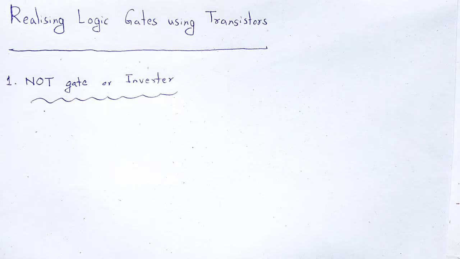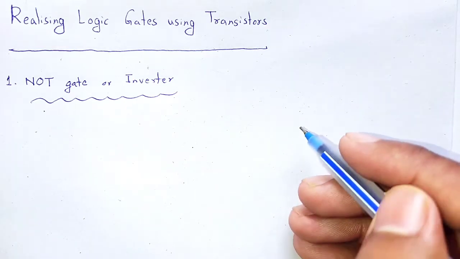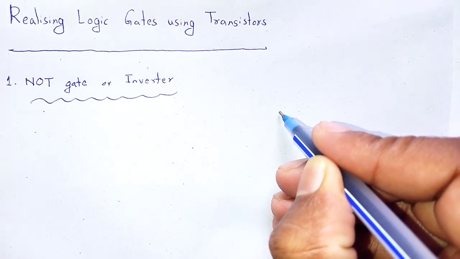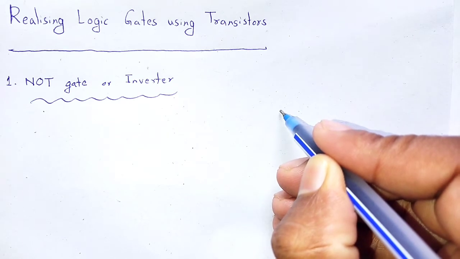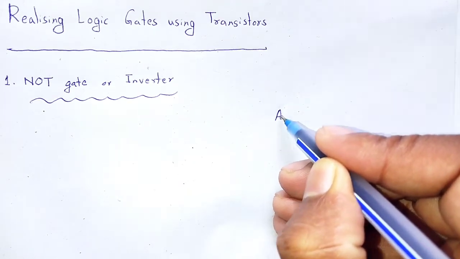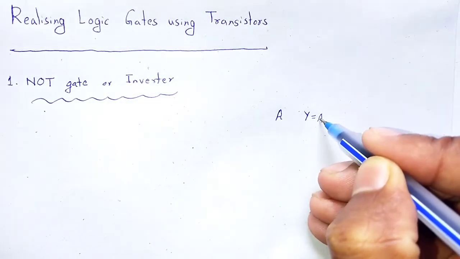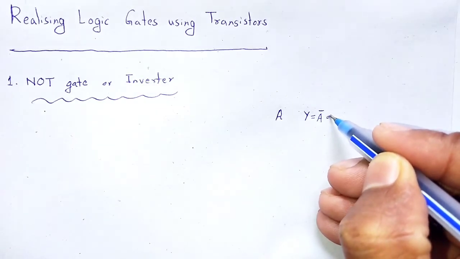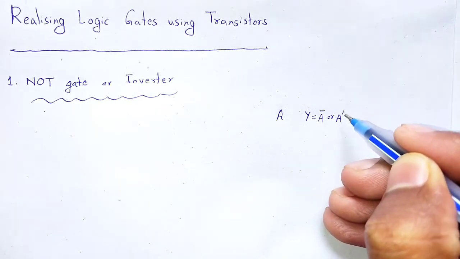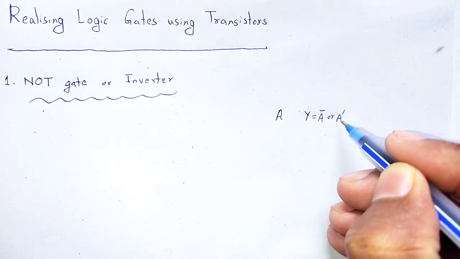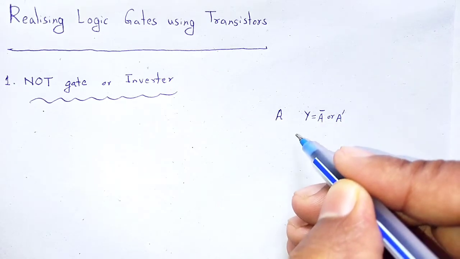First, the NOT gate, which is also known as the inverter. Inverter in the sense, if we consider the truth table, A as input, Y as output, that is A not, with the bar symbol or prime, read as A prime or A bar.